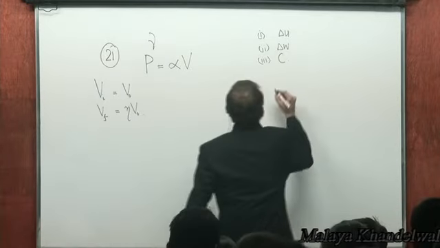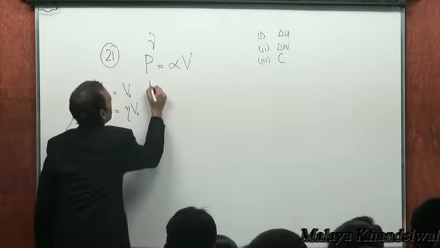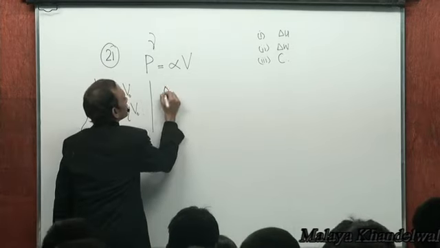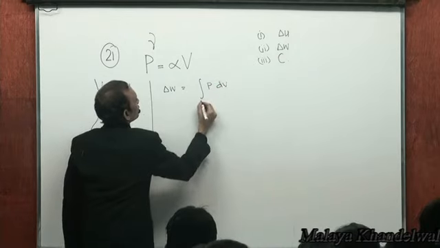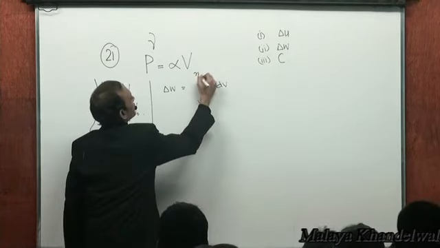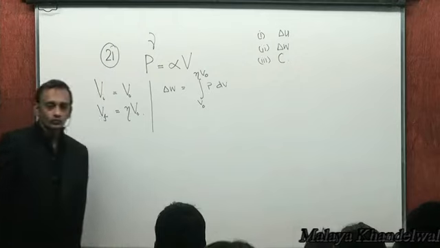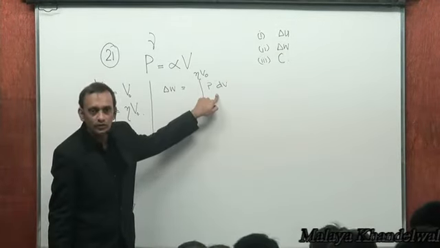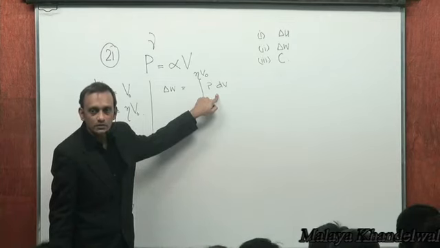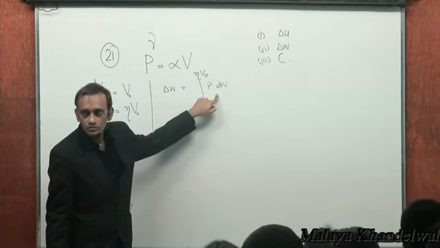First things first, straight away, work done would be integral P dV. V runs from V naught to eta times V naught. Yes or no? Initial volume to final volume. This is how you calculate the work done by the gas undergoing pressure volume changes, isn't it?